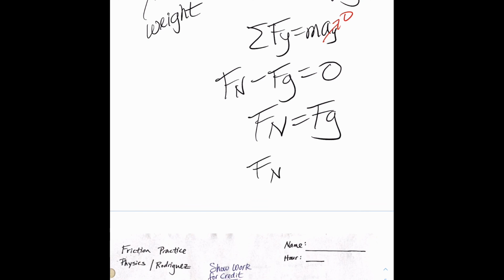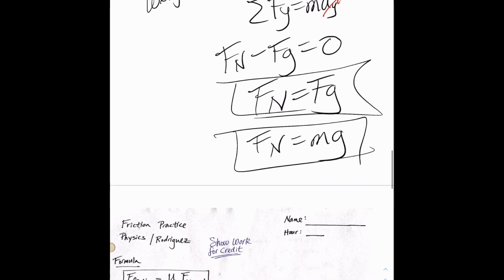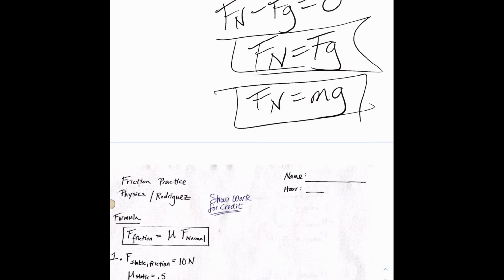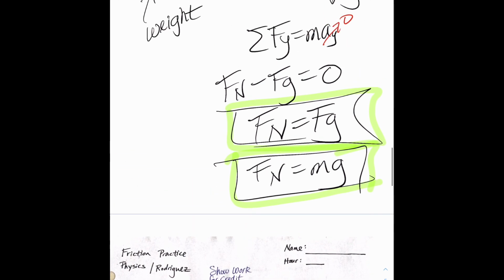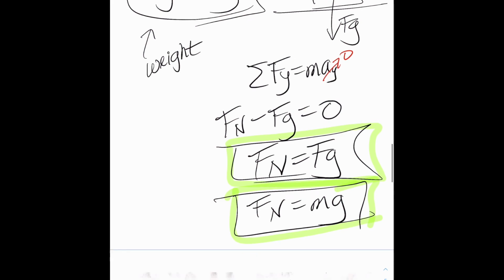Now, this isn't always going to be true, but sometimes when an object is just sitting there, then obviously it is on a flat surface. If it's sitting there on an incline, then it's not true. So I just want to point these out because in some of these worksheets, you might have to solve for force normal, and they might expect you to come to this conclusion that force normal is just mg because Fg equals Fn.